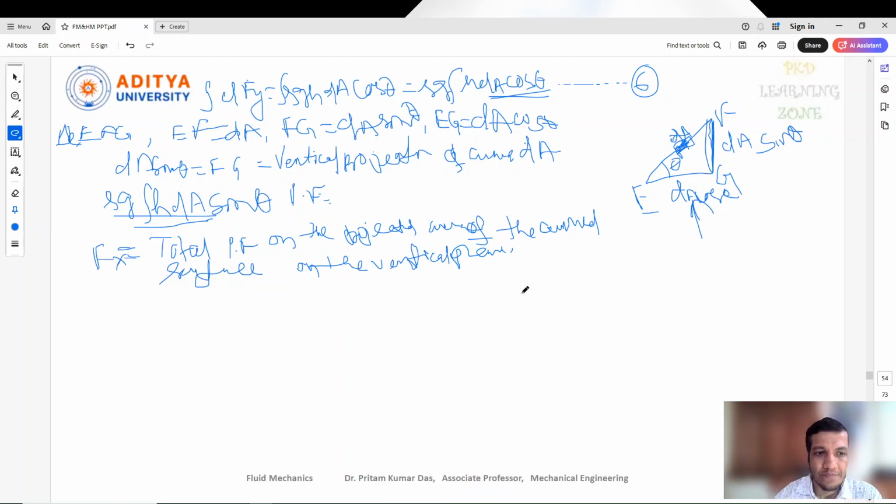Similarly, that was the x component; now the y component is there.